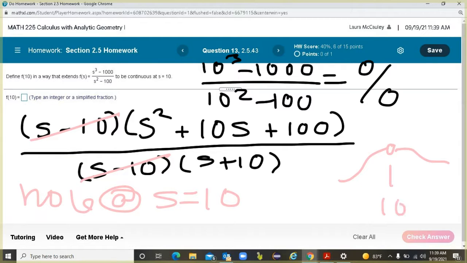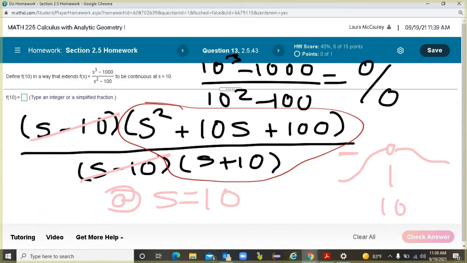Okay, so what I want to do is figure out where the hole is, and then I'm just going to plug the hole. So how do I figure out where the hole is? Well, I just plug the 10 into the function after we divided out the x minus 10. So let's plug the 10 into this and see what we get. And then we're just going to make this a piecewise and plug the hole with that. So let's see what happens if I plug a 10 into this.